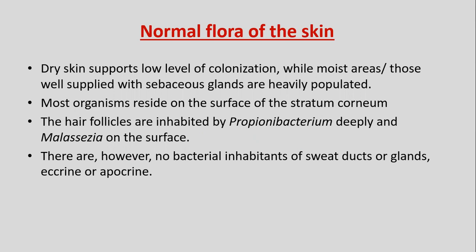So the hair follicle bears both bacteria and the fungi or Candida. There are, however, no bacterial inhabitants of sweat ducts or glands, eccrine or apocrine glands. So there are two places where the normal bacterial flora is present, either in the stratum corneum or in the hair follicle.